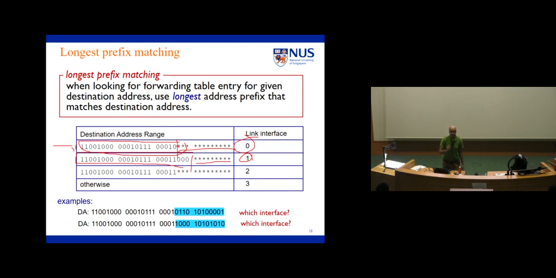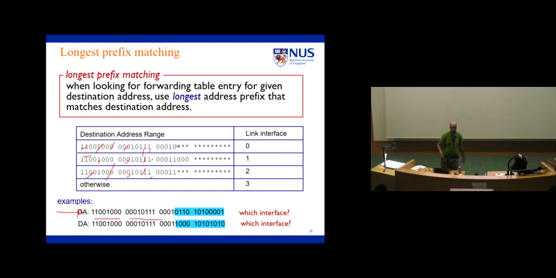Let's take an example because there's a subtlety here. There's a small thing we need to look at. Let's look at this particular destination address. DA stands for destination address. Right? So in this particular address, first 1100, 1 then 3 zeros. This is okay, this is also okay, all 3 of them match. Then if I look at the next 8 bits, again all 3 of these match.